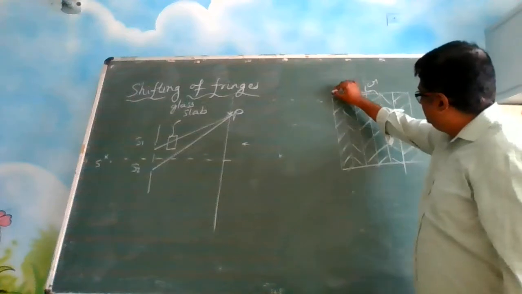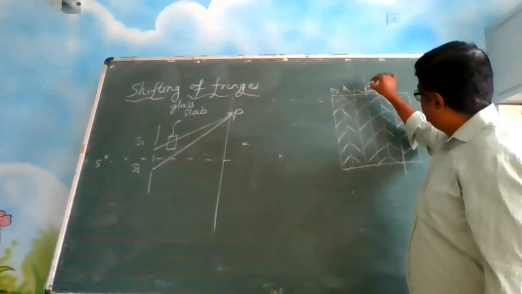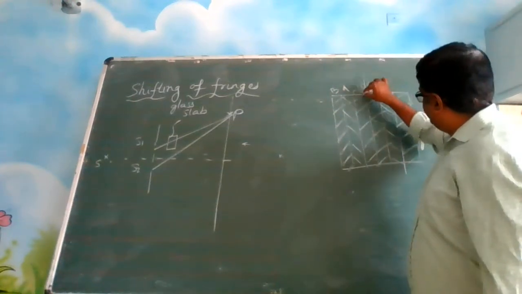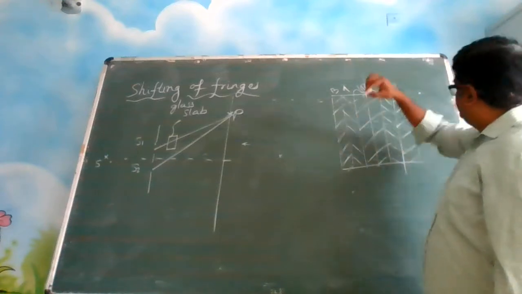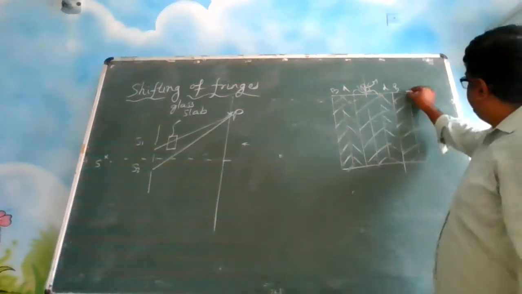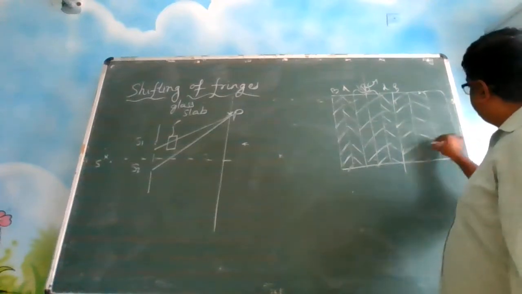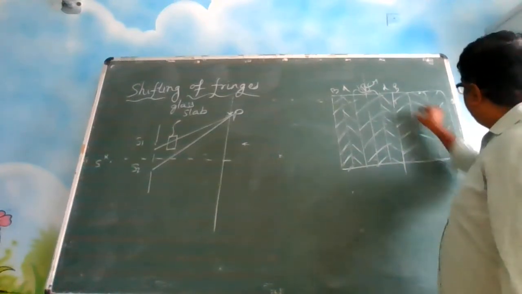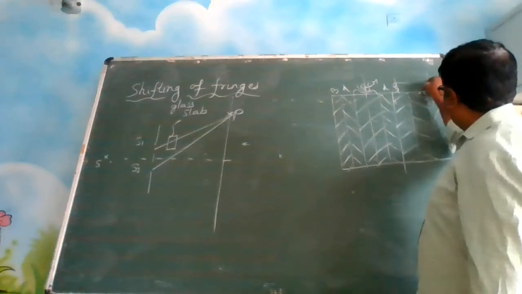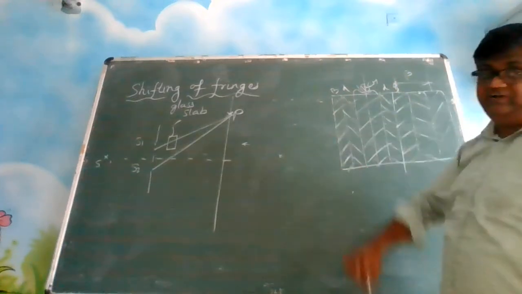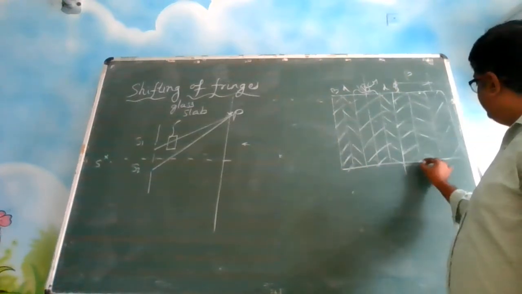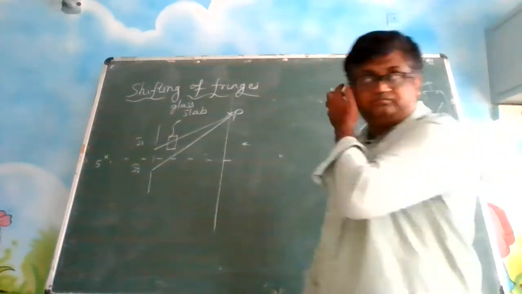Now this is bright, dark. This whole thing is bright, dark, bright. Again you will get dark and bright. This bright to bright is your fringe width, but these individually are fringes.